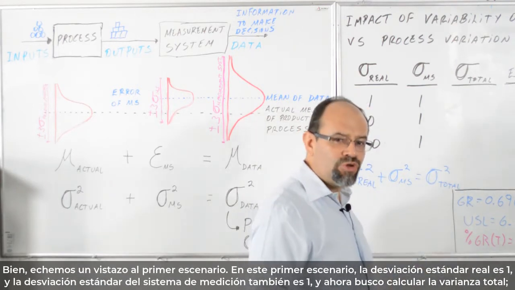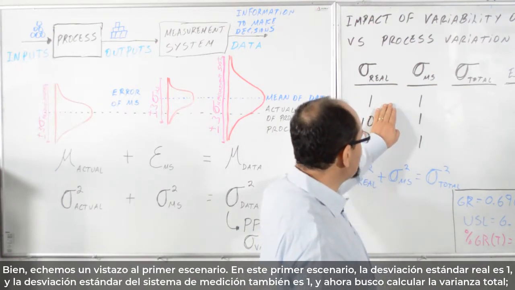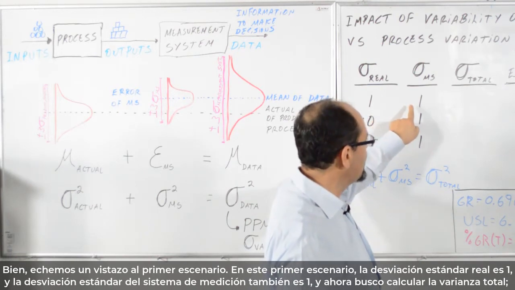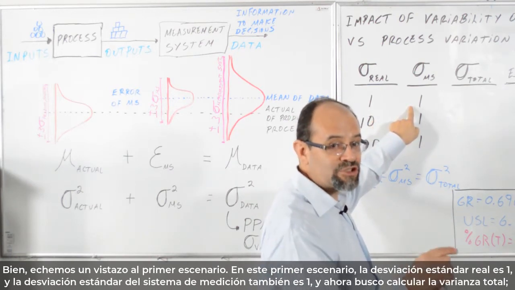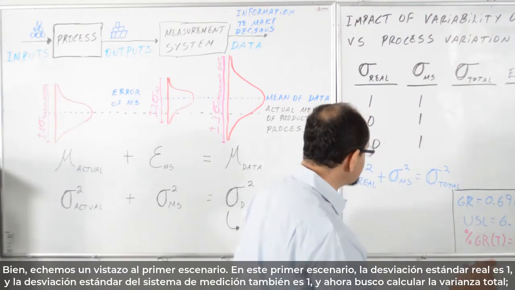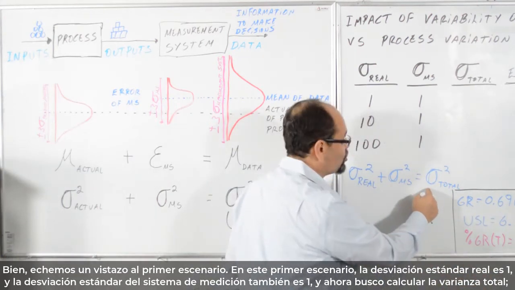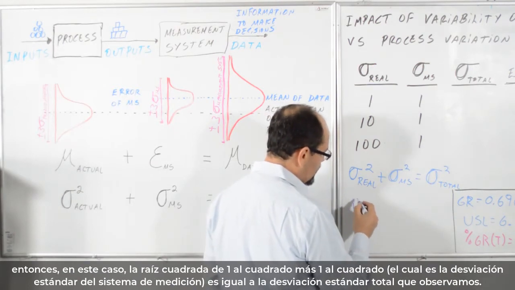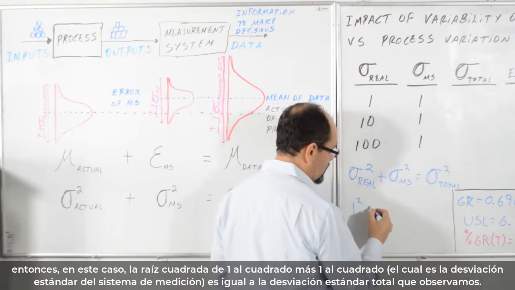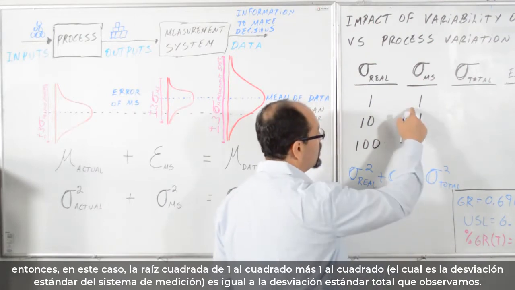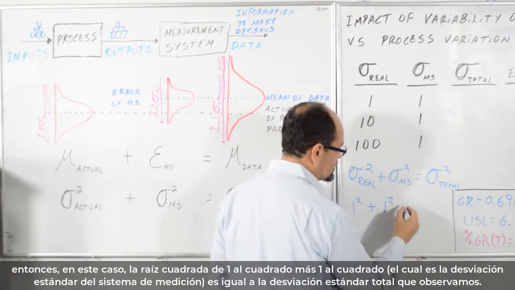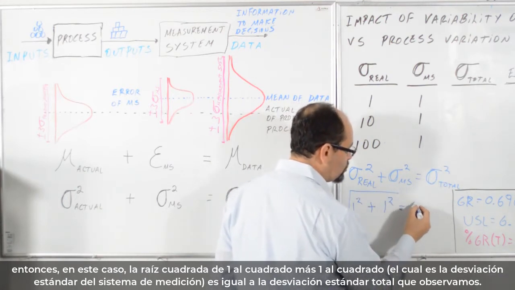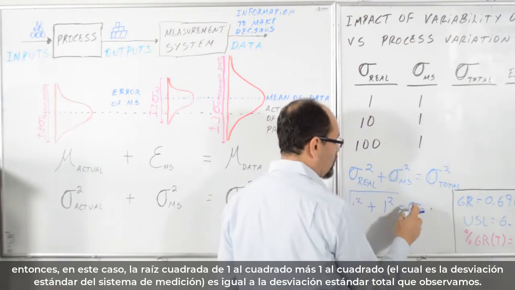Okay, let's take a look at the first scenario. In the first scenario, the real standard deviation is 1, and the standard deviation of the measurement system is 1. I want to calculate the total variance. In this case it will be 1 squared plus 1 squared, the standard deviation of the measurement system, and the square root of that is the total standard deviation that we are observing.